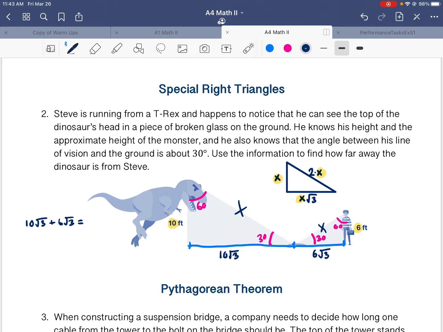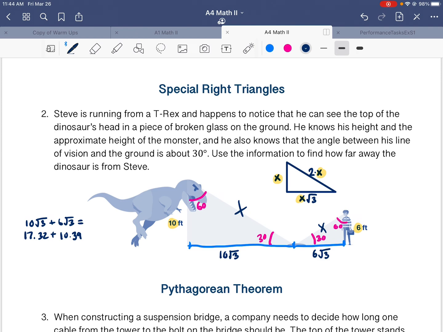6 times the square root of 3 is 10.39, I believe, and then 10 times the square root of 3 is 17.32.